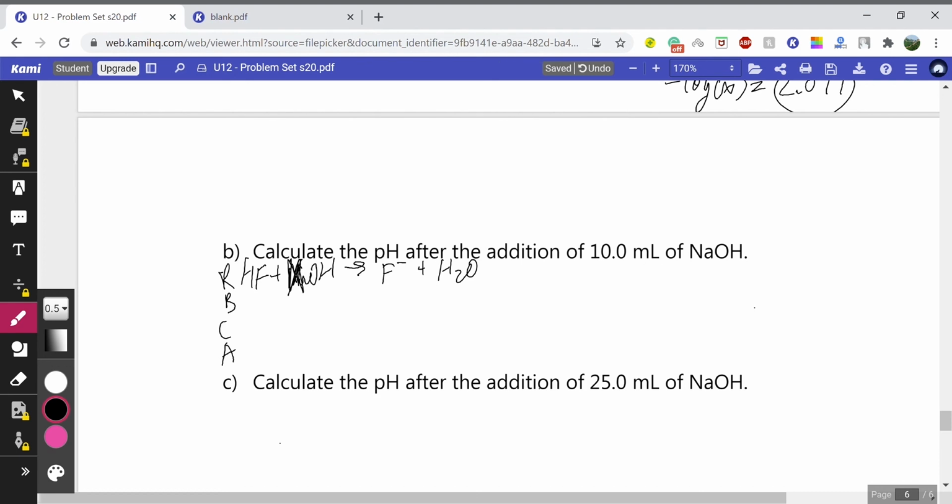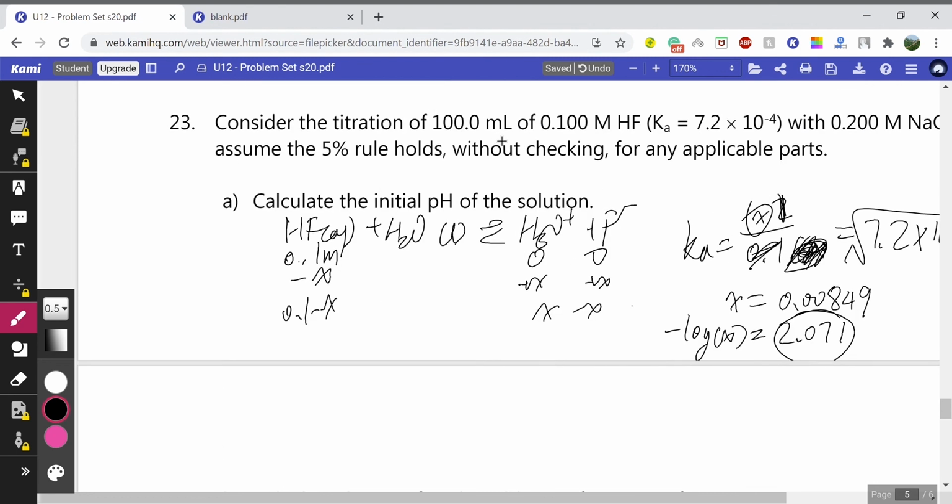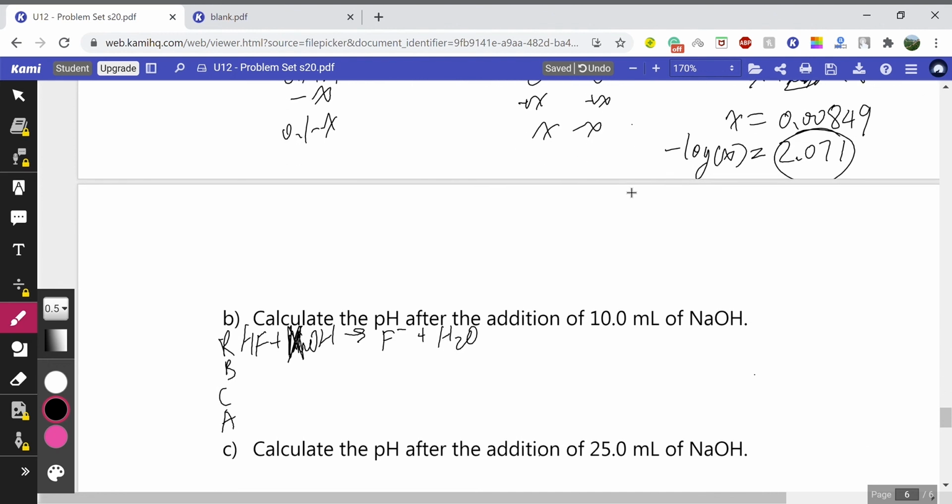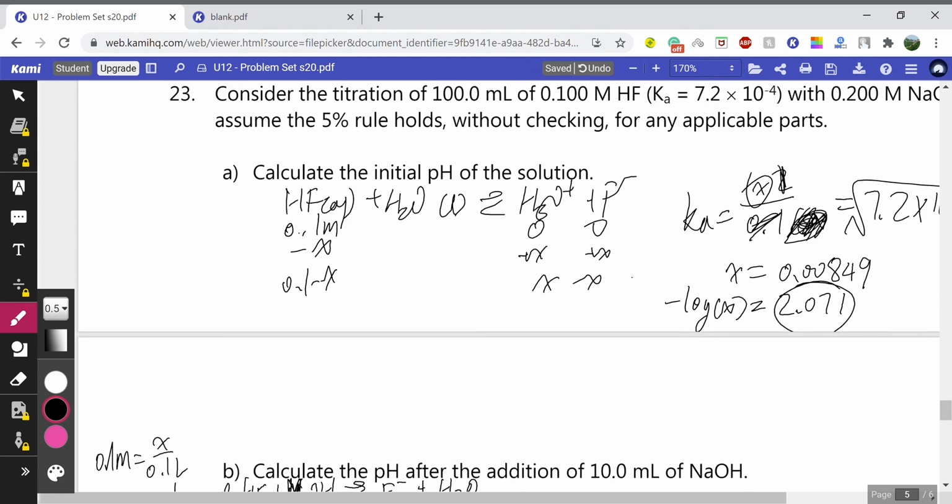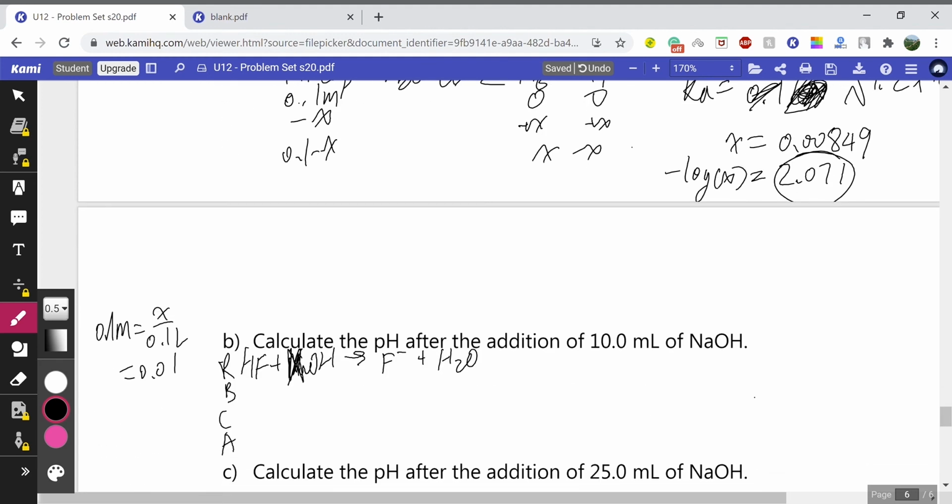Now, we start off with 100 milliliters and 0.1 molar. So 0.1 molar is equal to x divided by 0.1 liters, so 0.1 times 0.1 is equal to 0.0100 moles. So this is going to be 0.0100 over here.